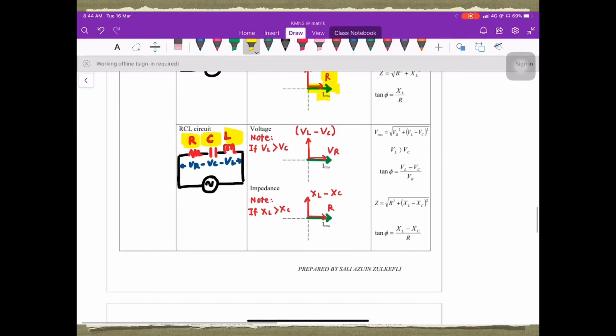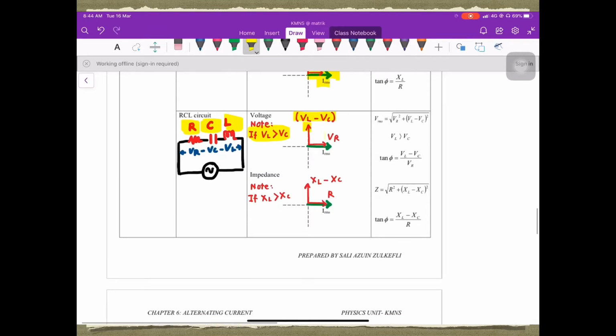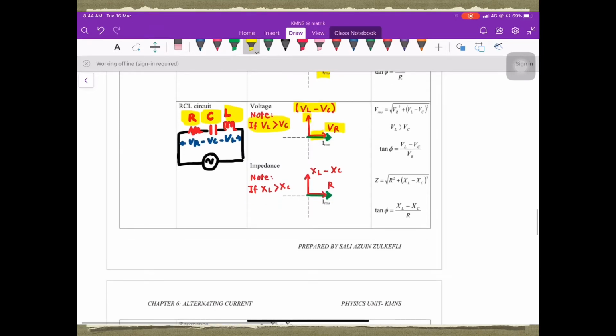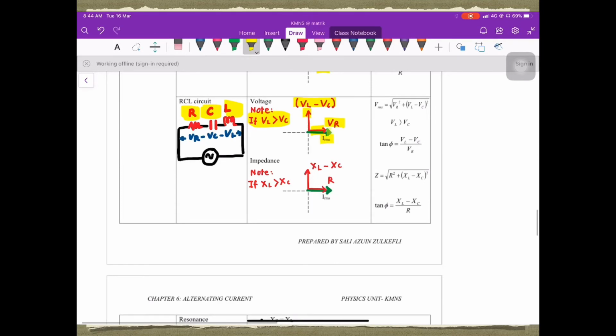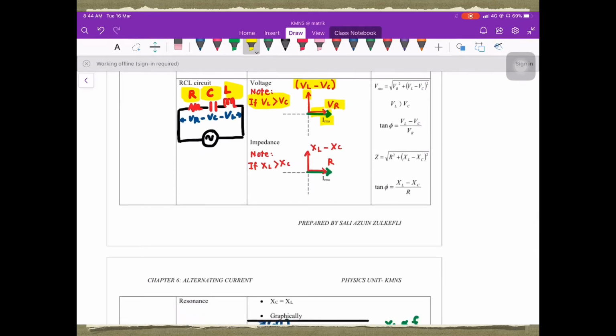Now, for the RCL circuit, if we consider the value of VL is greater than VC, the phasor diagram becomes VL minus VC. So the arrow is upward. This is VL with arrow and current with arrow. Same with the impedance, for the case when XL is greater than XC.